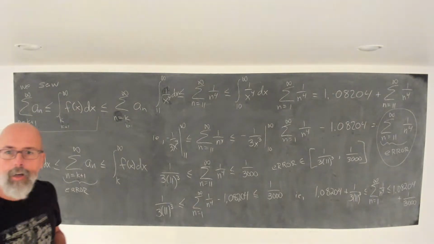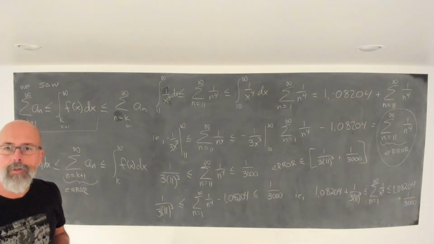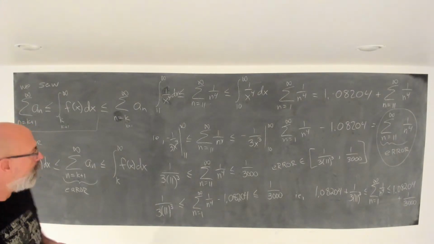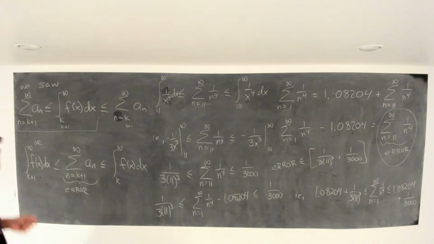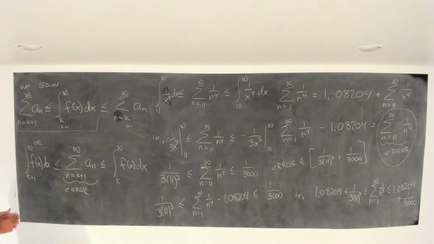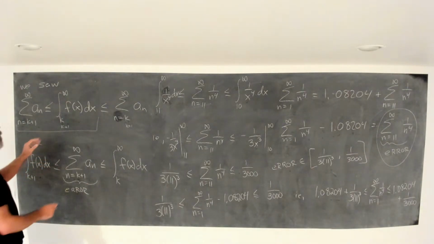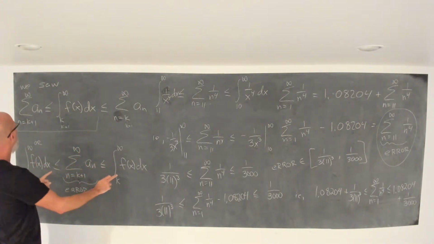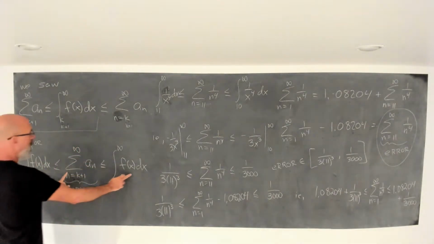Tiffany is asking, how did we move around the comparisons to get to the squeeze part? Maybe from here to there. I mean, this part is just this, right?